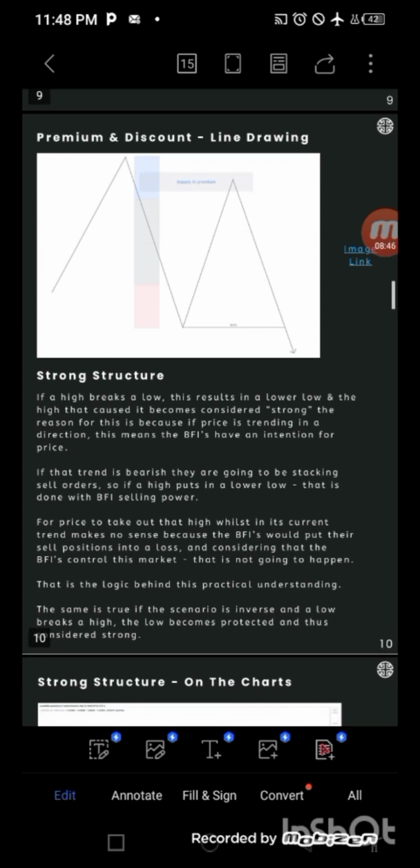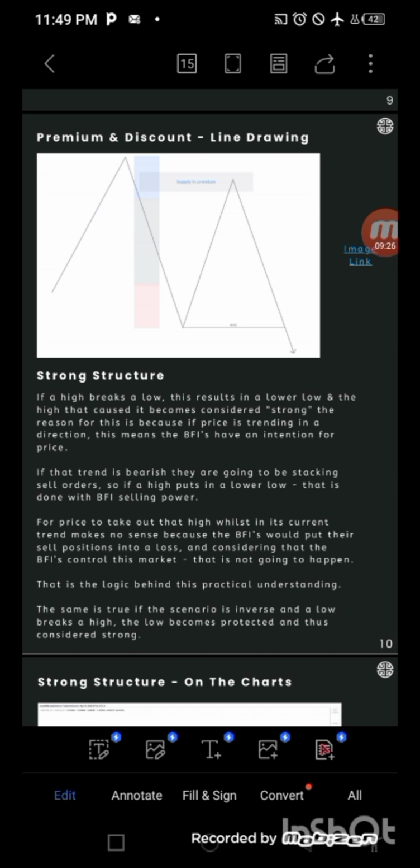Okay, let's go to strong structures. If a high breaks a low, this results in a lower low. And if the high causes it, it becomes considered strong. The reason for this is that price is trending in one direction. This means the bank financials have an intention for price. If that trend is bearish, they are going to be stacking selling down.